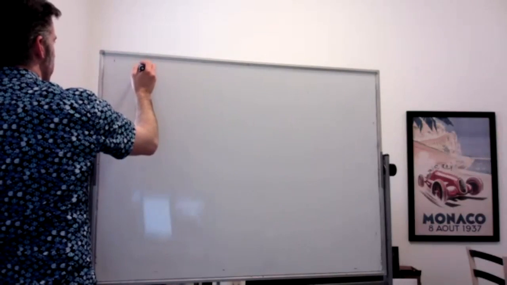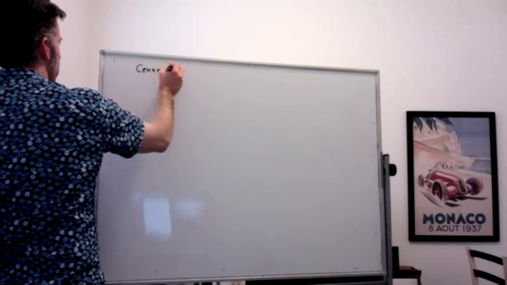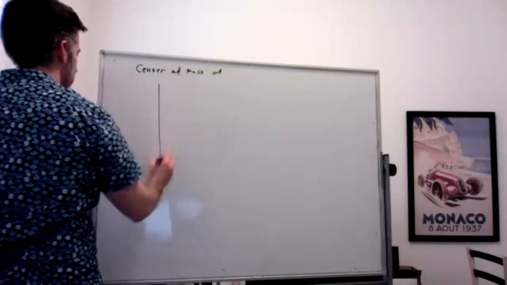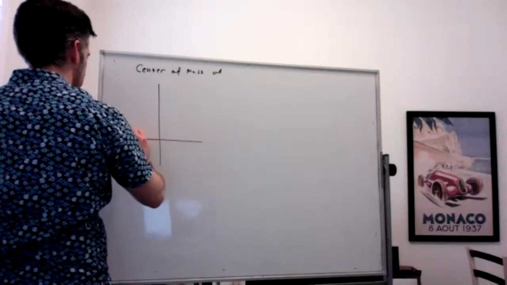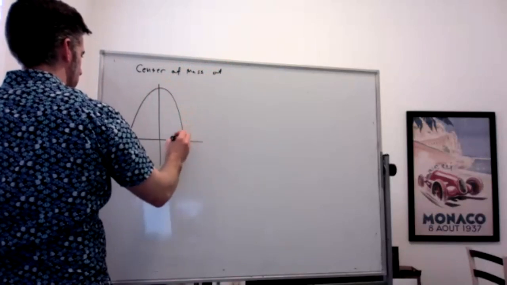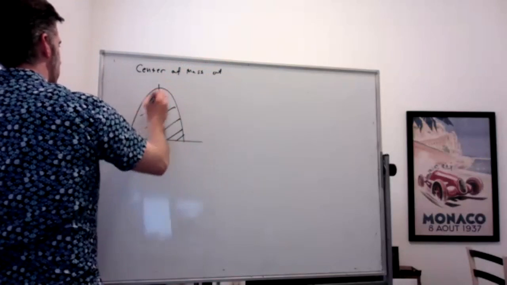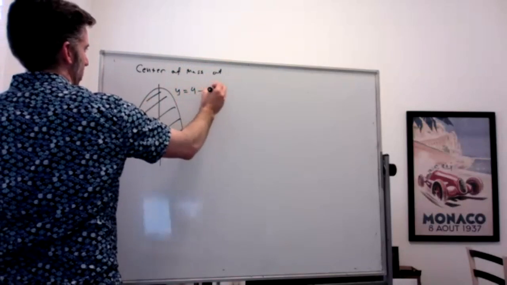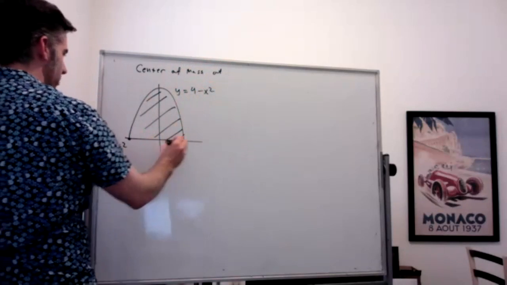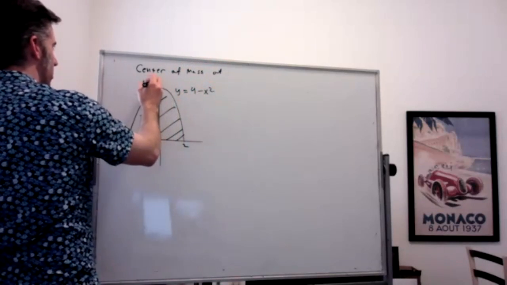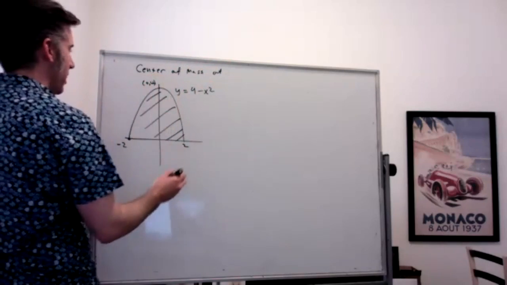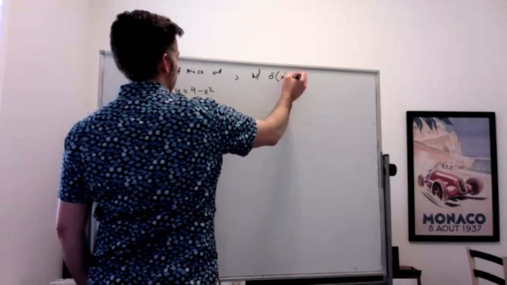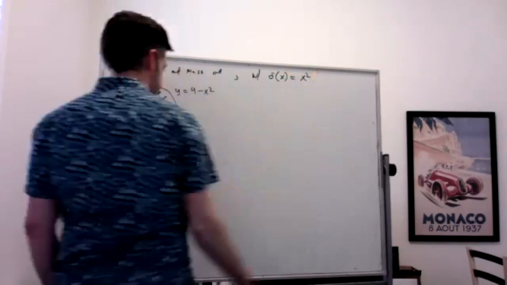I want to find the center of mass of this region. This is y equals 4 minus x squared from -2 to 2. This is 0, 4. And where the density at x is x squared.